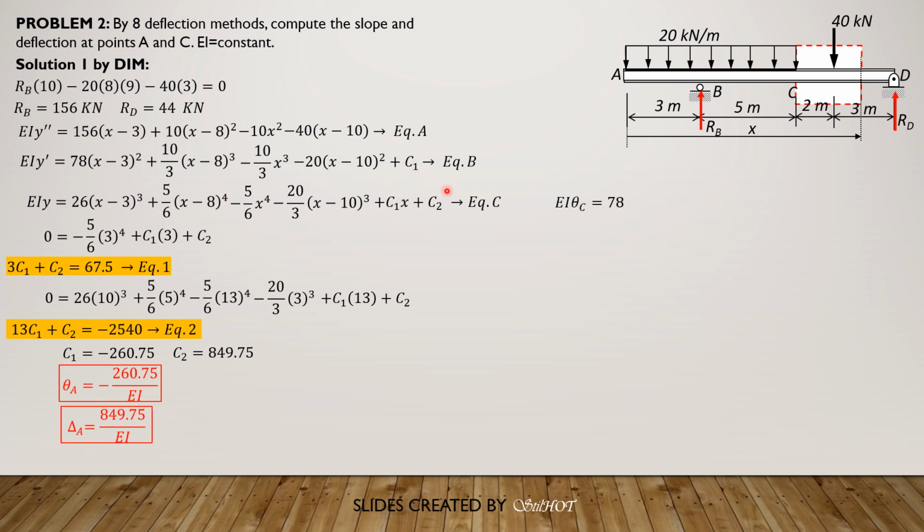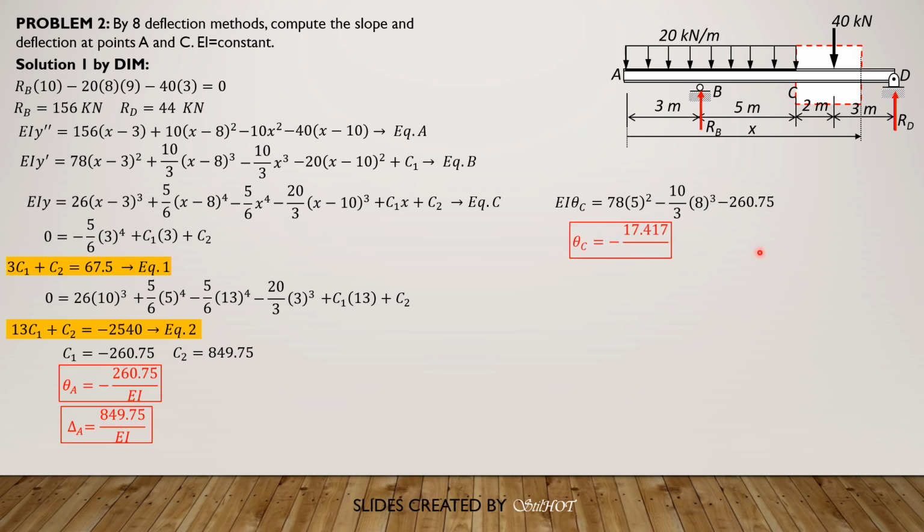Then we substitute x is 8 to compute theta C and delta C. So for theta C in equation B, EI theta C equals 78 times 5 squared, minus 10 over 3 times 8 cubed, and ignore, then plus C sub 1, which is negative 260.75.